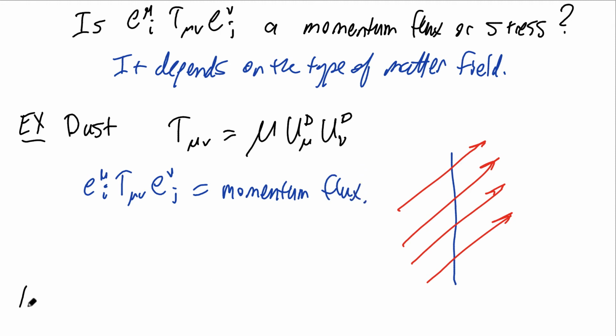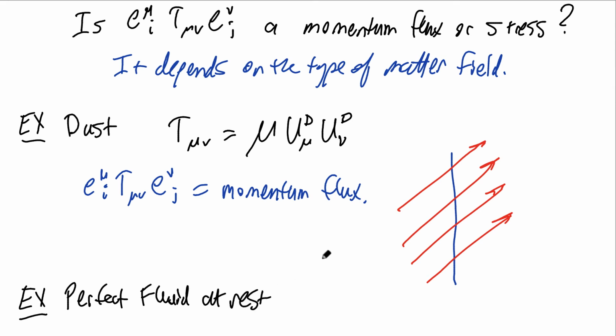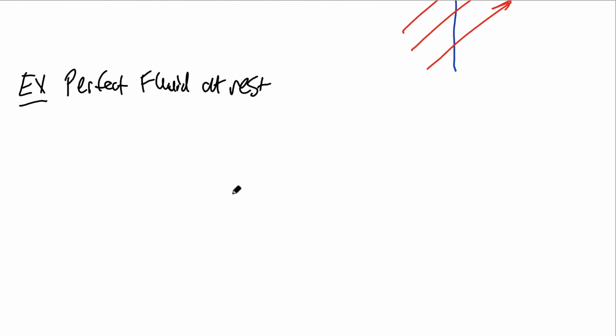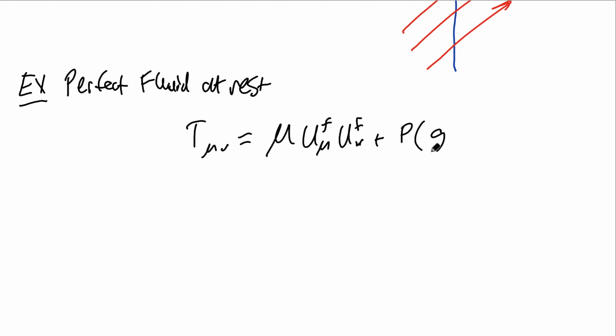As another example, let's look at a perfect fluid that's at rest. So remember, the stress energy momentum tensor for a perfect fluid is the mass density times U^mu U^nu, plus the pressure times g^{mu nu} plus U^mu U^nu over c squared.